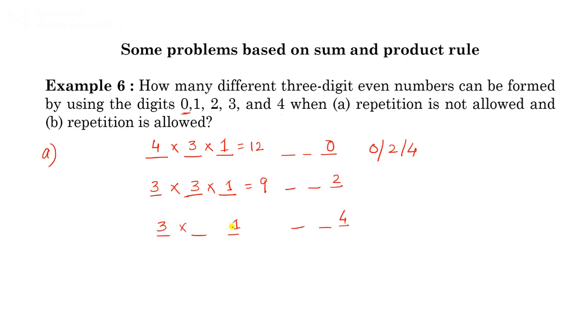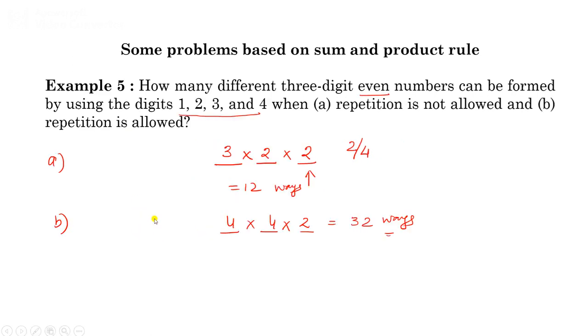And as we have consumed 2 numbers, again we have 3 choices for the second place. So total choices are 9. So look at this. If you fill the last place with 0, the number of ways is 4. But if you fill with 2 or 4, then the number of choices is the same, 3 and 3.